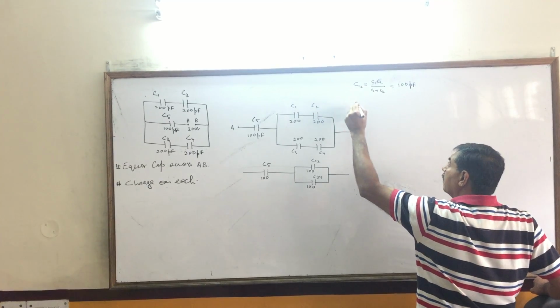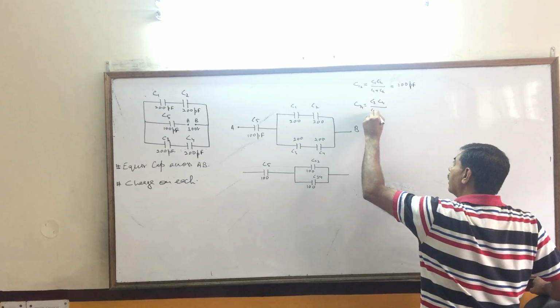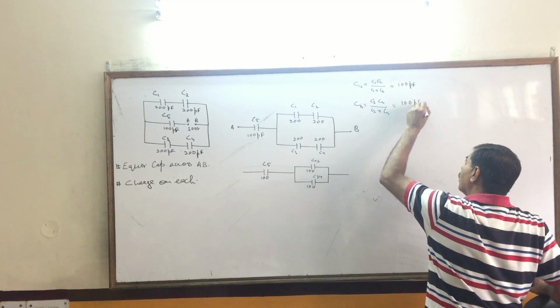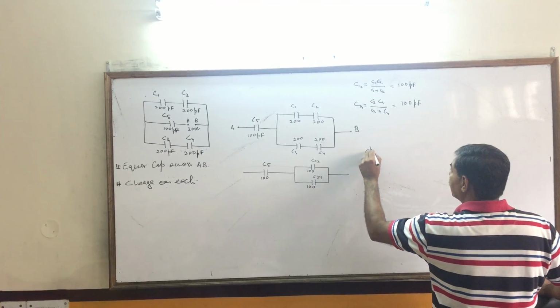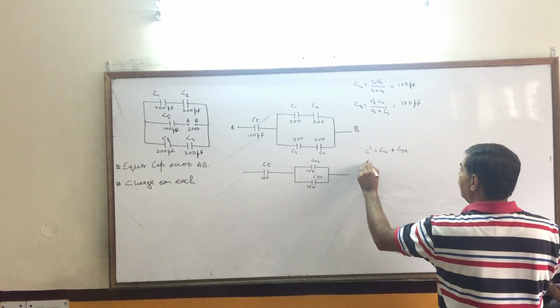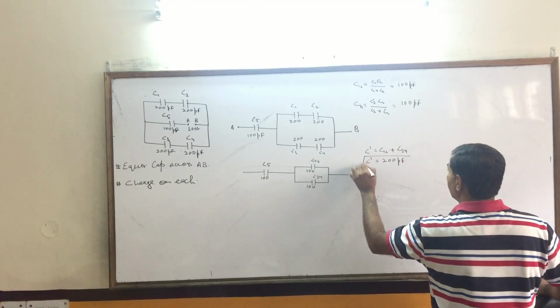You have C34 as C3 C4 by C3 plus C4, giving you 100 picofarad. Then you have C dash as C12 and C34, as they are in parallel, giving you 200 picofarads.